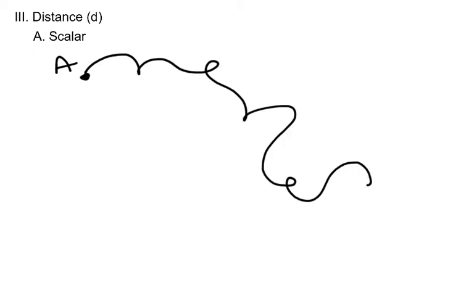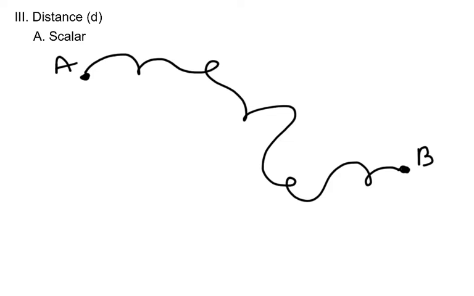I do want to give you a little example here. Let's say we have some object here and it starts at position A, and it moves in some squiggly line path around. Let's say it ends here at point B, and it has a distance that includes the path which it travels. Now let's say I wanted to know the displacement, which just looks at where the object started and where it ended.